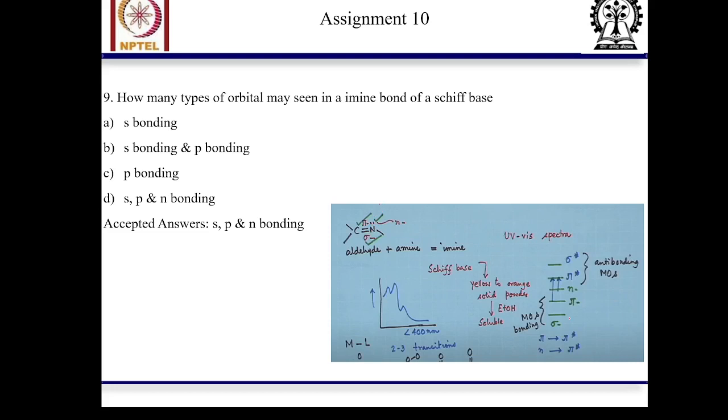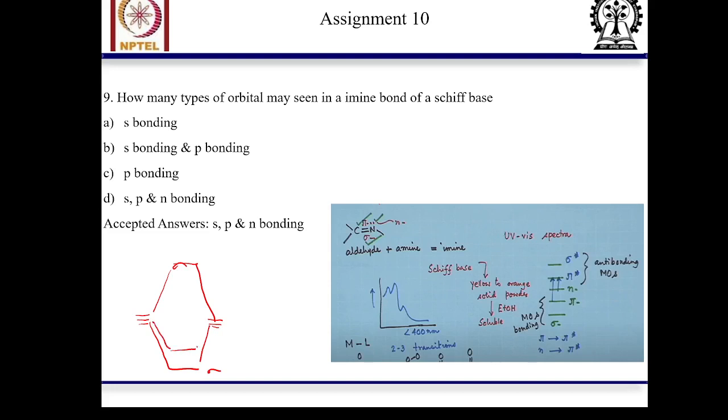First we have sigma, and because sigma is the stronger bond, the sigma will be down and sigma star will be on top. After that we have the pi. So first, the sigma star is the highest, because antibonding is the highest.